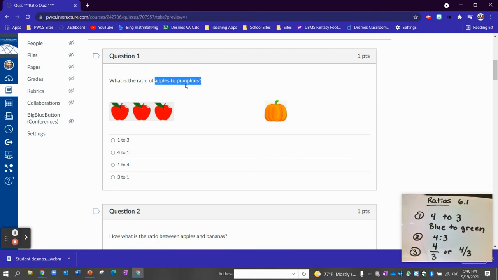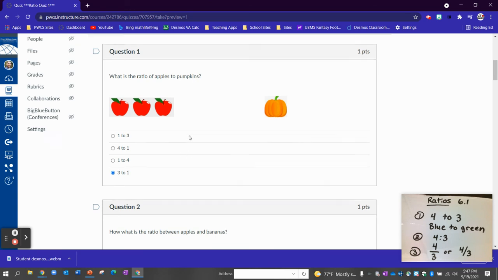So it's asking for apples first, then pumpkins. The picture does match up, but sometimes it doesn't. So we want the number of apples compared to the number of pumpkins. The number of apples is 3. Number of pumpkins is 1. So we want 3 to 1. 1 to 3 would say that there's 1 apple and 3 pumpkins, the exact opposite.